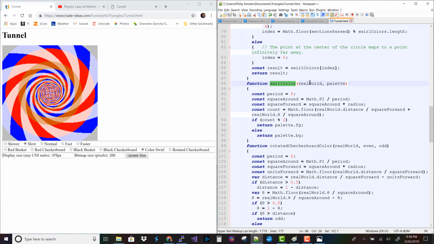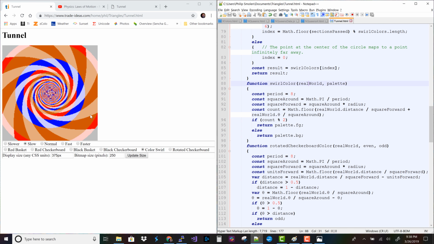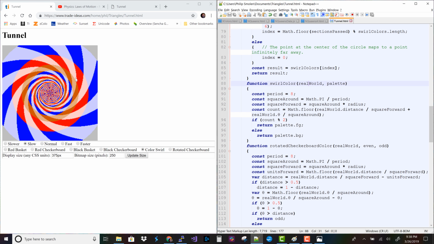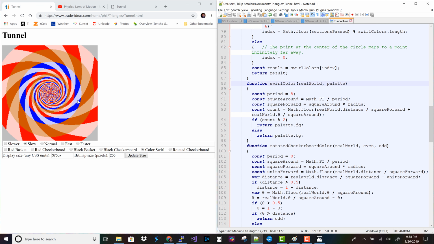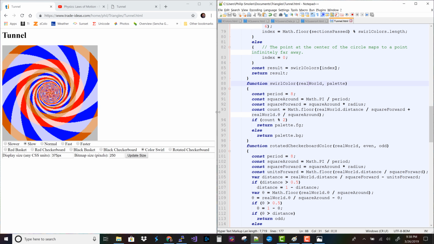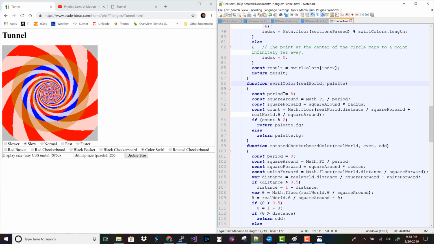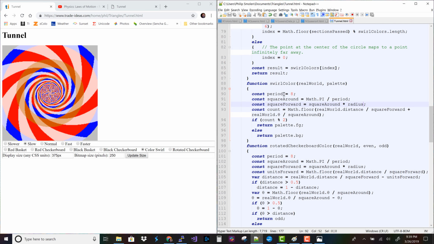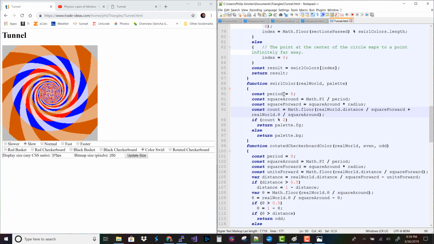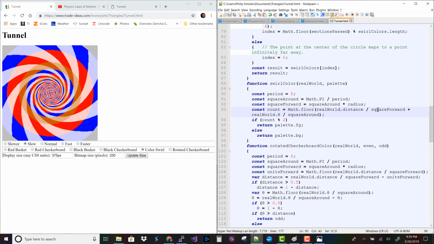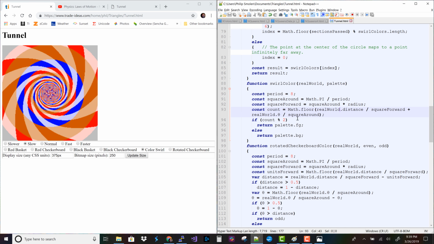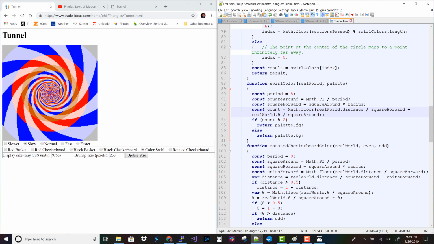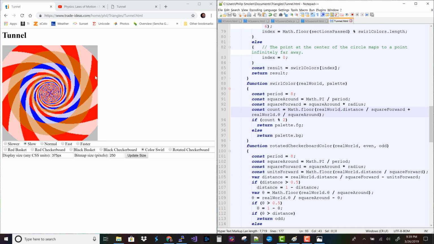Take in a real world point, so a distance and an angle, and it already has the perspective taken care of, so we don't have to think about that. Period, the square. So we start off very similar to before, but now what we're looking for is that you add these two together. So that's how we get this swirl pattern.